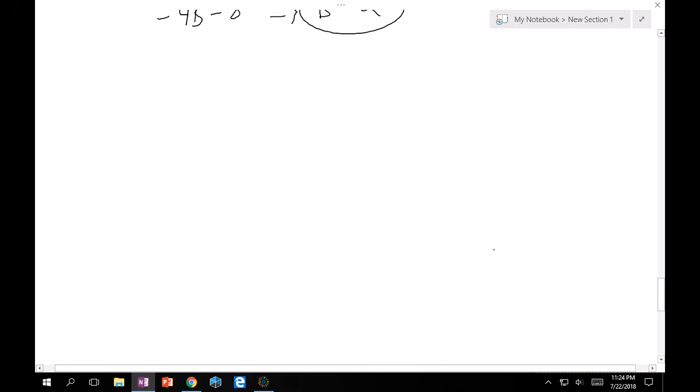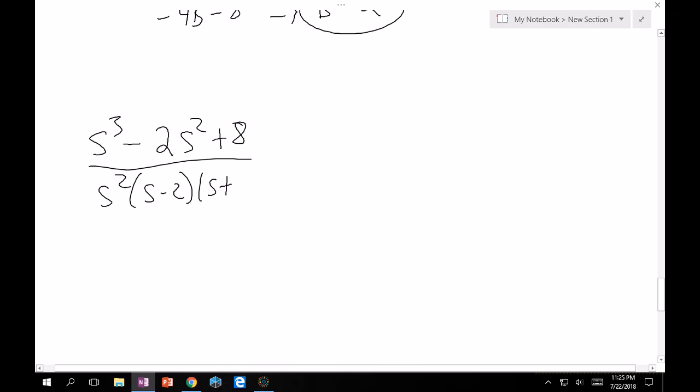So s cubed minus 2s squared plus 8 over s squared times s minus 2 times s plus 2 is going to be, okay, a was equal to 0, so it's 0 over s, so we don't care, right? B was equal to -2, so it's -2 over s squared.